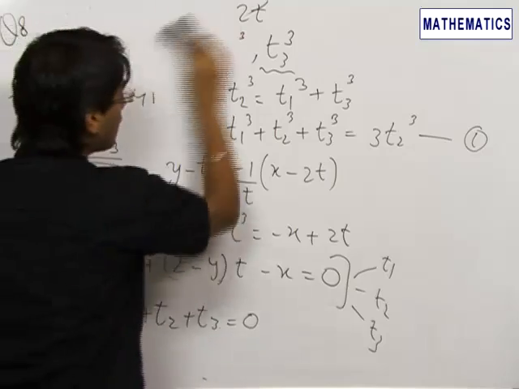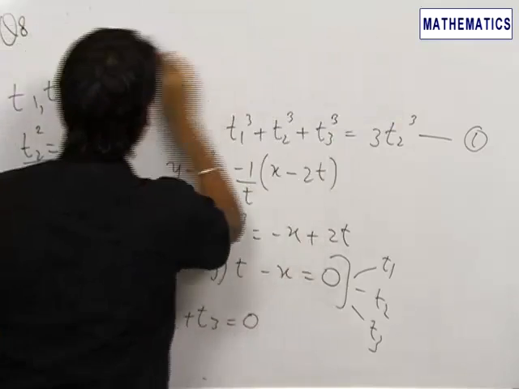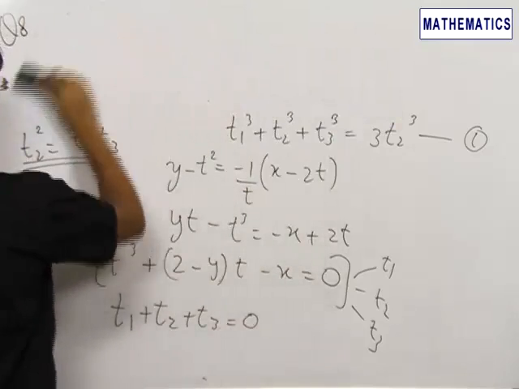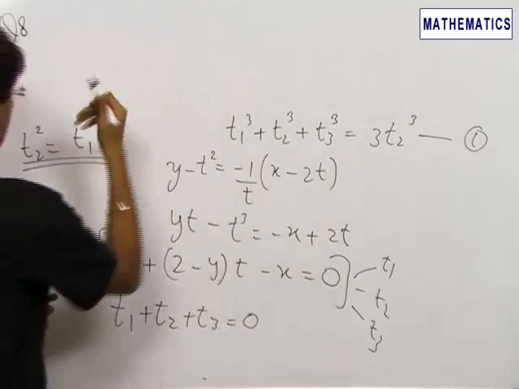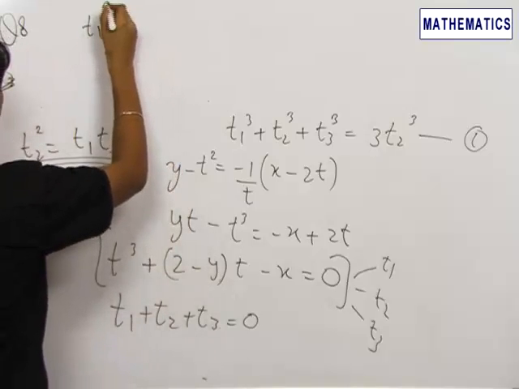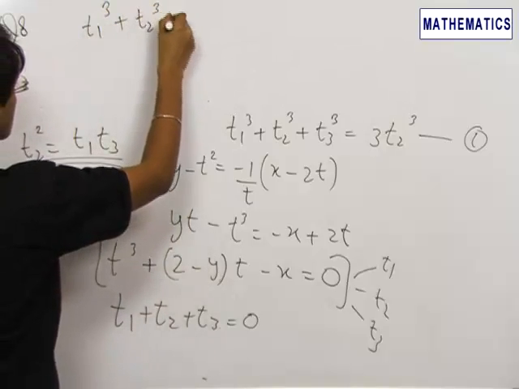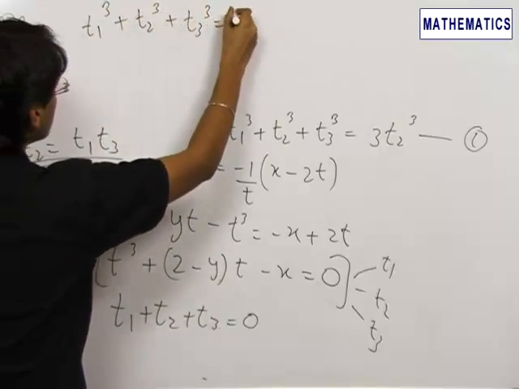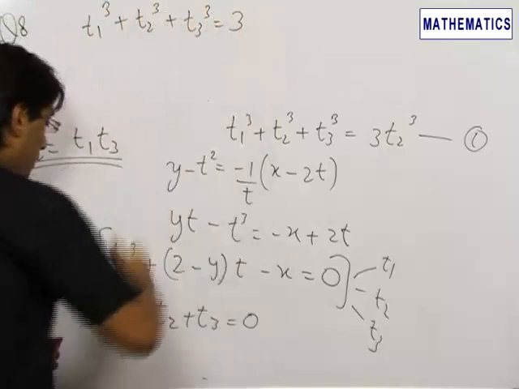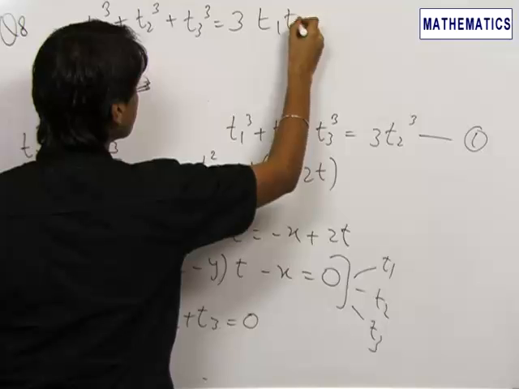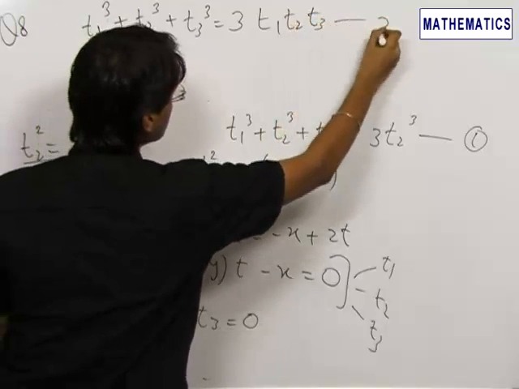And one important property we know is that if a plus b plus c is equal to 0, then a cube plus b cube plus c cube is 3abc. Hence t1 cube plus t2 cube plus t3 cube is equal to 3abc, that is 3t1 t2 t3. This is the second equation.